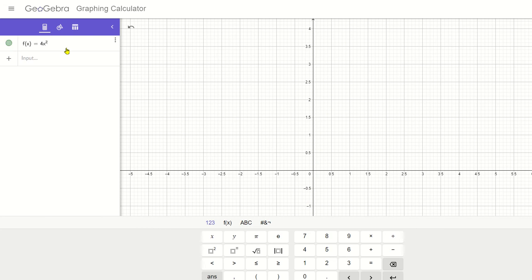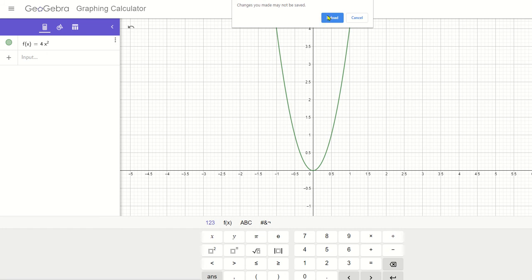4x square. You should have graphed that already. Then minus 66x square. So this should be supposedly cube. What happened? What happened, GeoGebra?